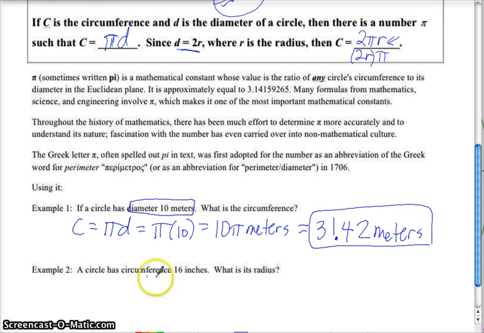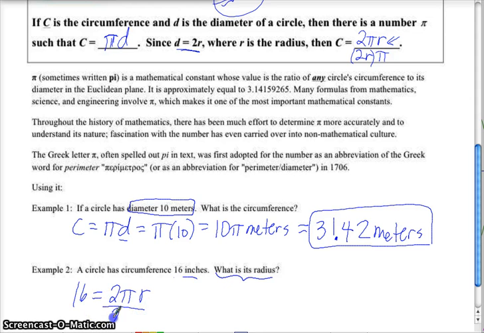If a circle has a circumference of 16 inches, what is its radius? So this time I gave you the circumference, so 16 inches equals 2 pi times the radius, because I want to calculate the radius. Or you could just do pi d and then divide the answer in half.